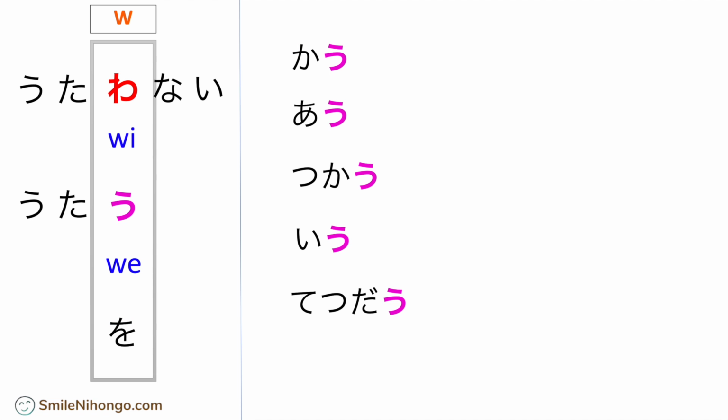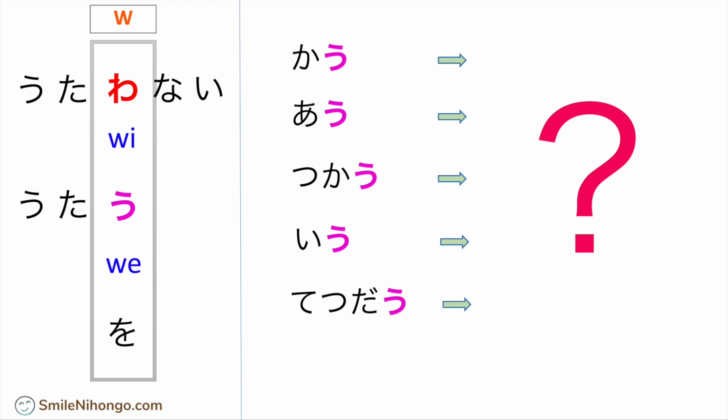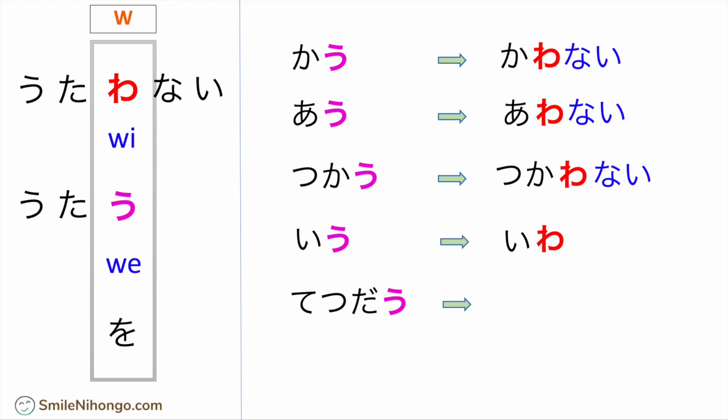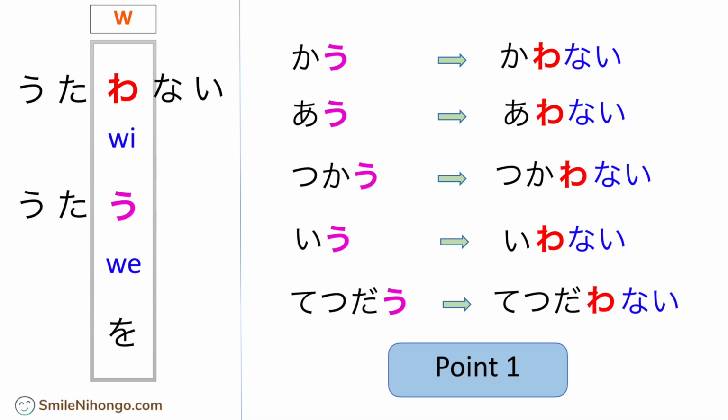So how do you conjugate these plain verbs into the negative? Right. 買わない、合わない、使わない、言わない. And 手伝わない. This is point number 1 that you need to keep in mind.